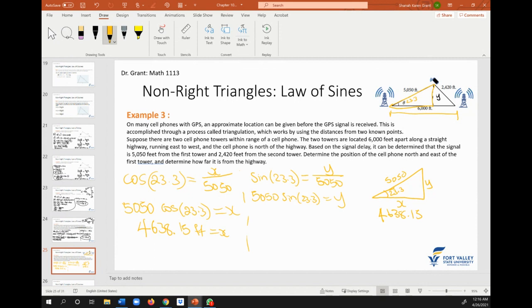So this means that y is going to be 997.5 feet. Okay, so that means that the cell phone is 997.5 feet from the highway.